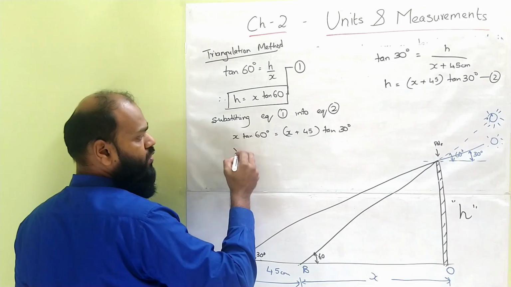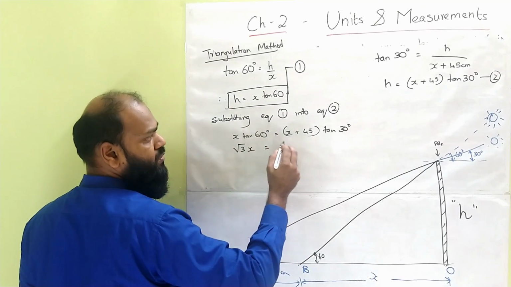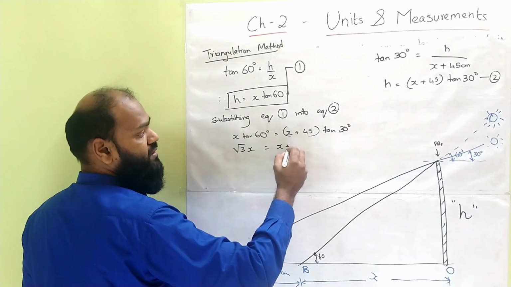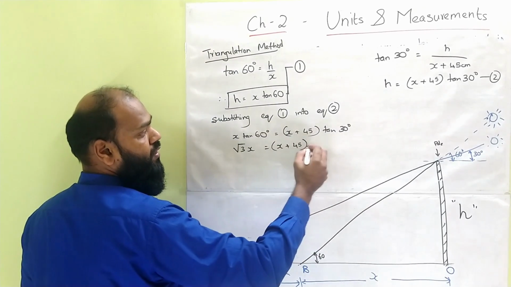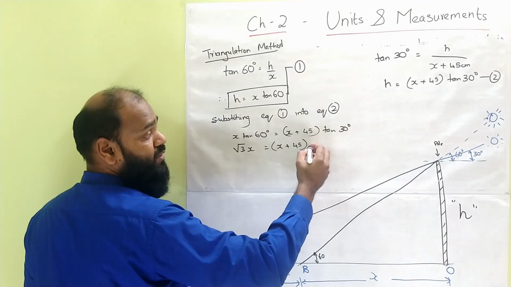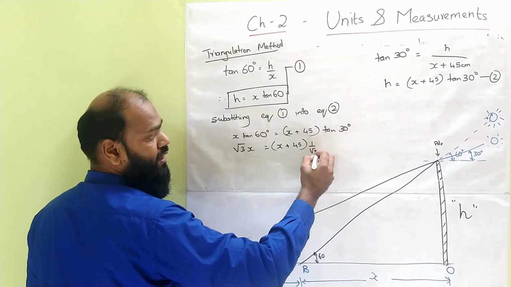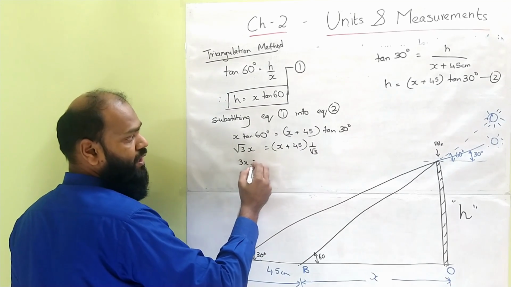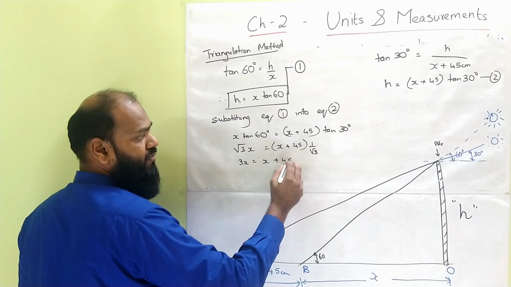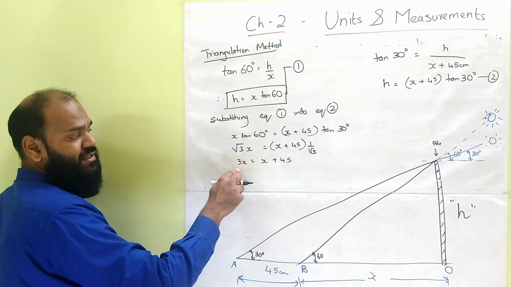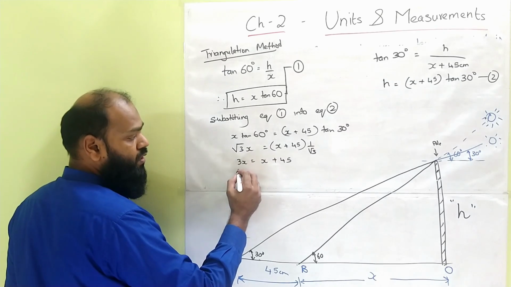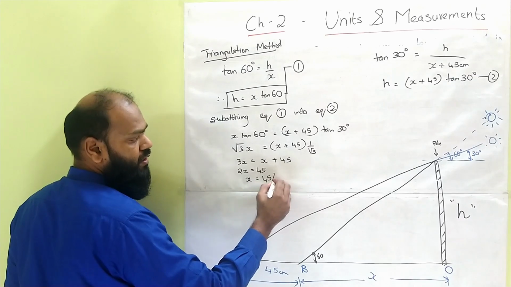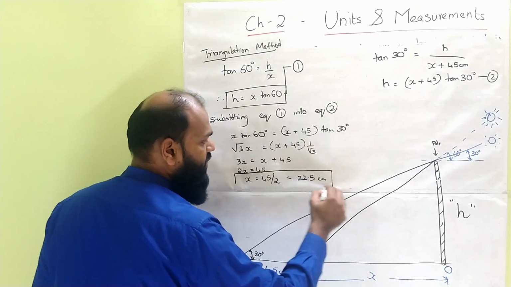Tan 60 is root 3, so root 3 x equals, what is tan 30? 1 by root 3, (x plus 45). Next step, the root 3 comes across and it becomes 3x equals x plus 45. When x comes to this side, it becomes minus x. Therefore, 2x equals 45, x equals 45 by 2, so x is equal to 22.5 centimeter.